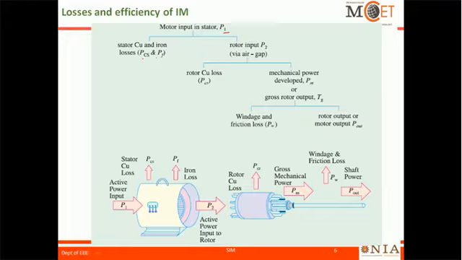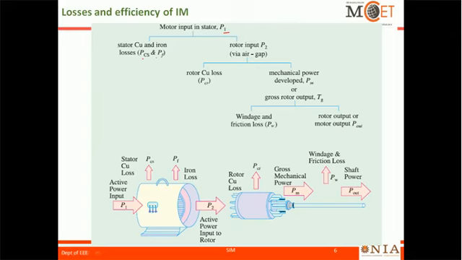And the rotor input, so this P1 minus PCS and PF will become P2, and via the air gap it is passing, and when it reaches the rotor, there we have the rotor copper loss.